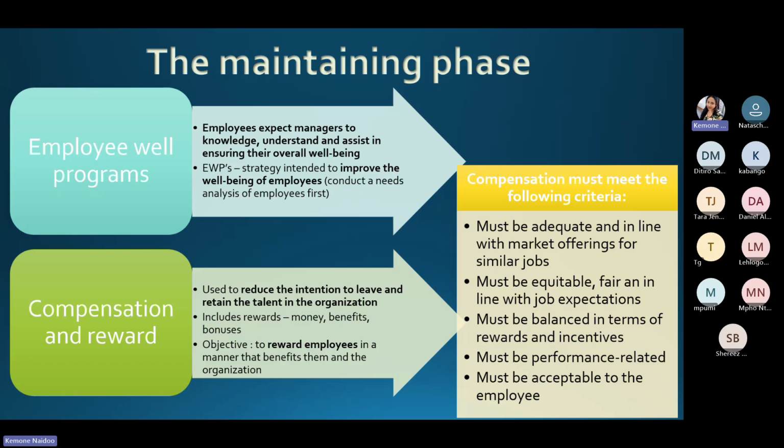And then compensation and reward, this is also something that's used to maintain. So, of course, rewards like money, there's benefits as well that can be offered to employees. These are types of things that can persuade an employee to stay on board and also just to ensure that they are happy.